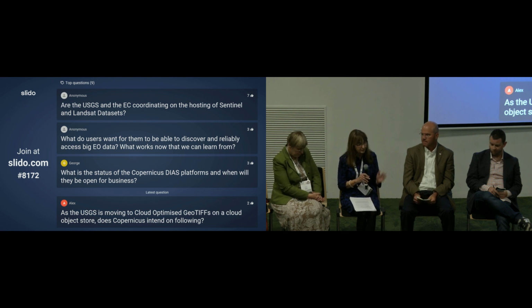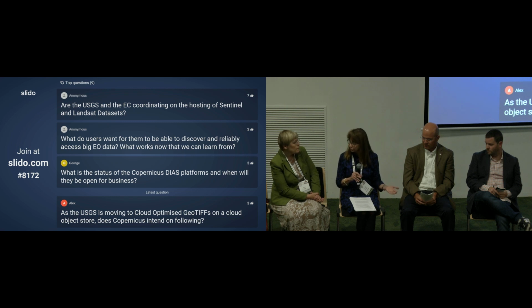So I think that the answer is through the CEOS is probably the greatest hope for this harmonization and for establishing standards for interoperability. So that's what I would say is the answer to that question.